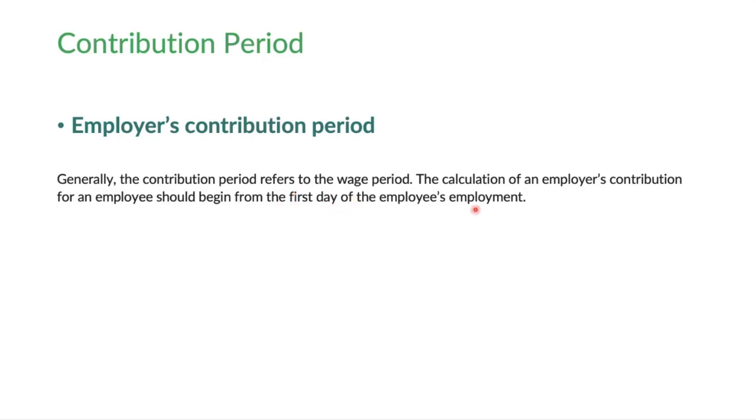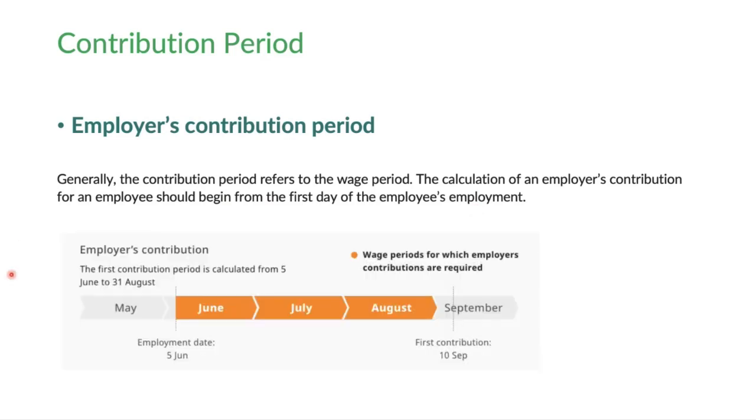So from the join date of the employee, the contribution takes effect for that whole month. So how does this look? Let's take this example of an employer's contribution, where the first contribution period is calculated from 5th June to 31st of August.